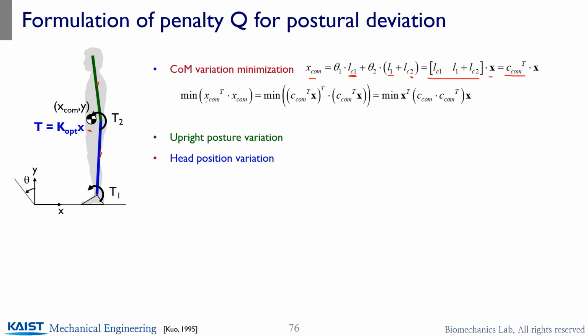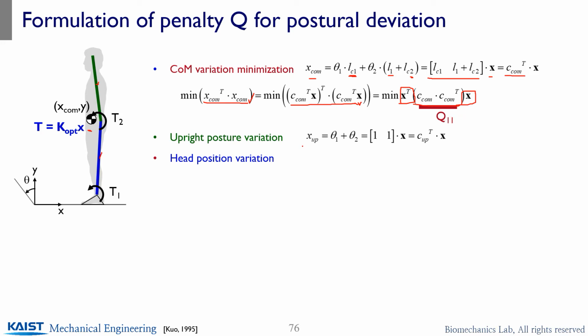Okay, so I have a certain parameter, like a vector, multiplied by the x to demonstrate the x of COM. Okay, so that's what we call C of COM transpose. If I minimize the center of mass in quadratic form, that is going to be formulated in terms of C and x, and that's going to be formulated as x transpose something in x, which is the Q11 formulation. So by minimizing the center of mass variation, we could identify the Q11. Okay.